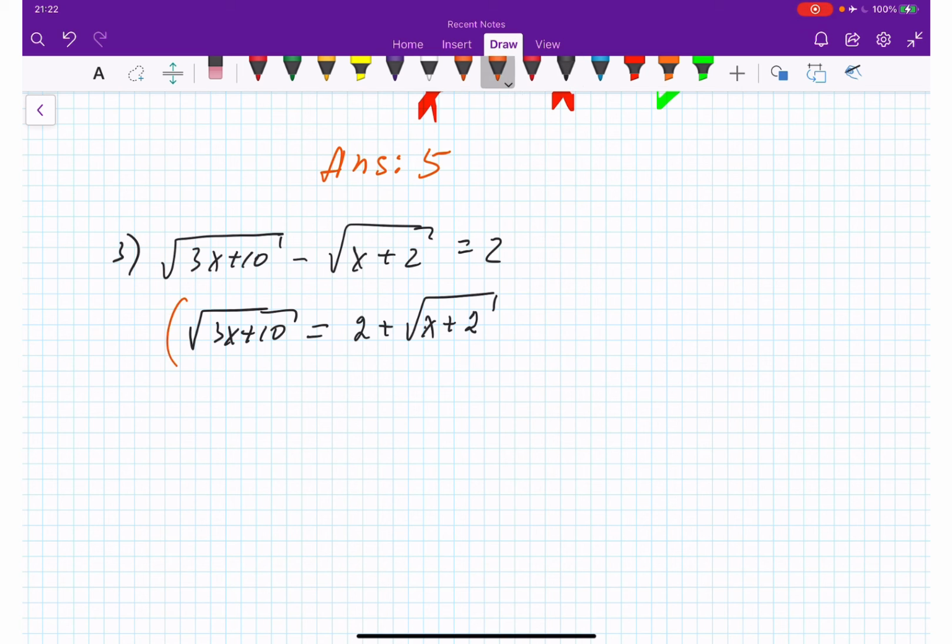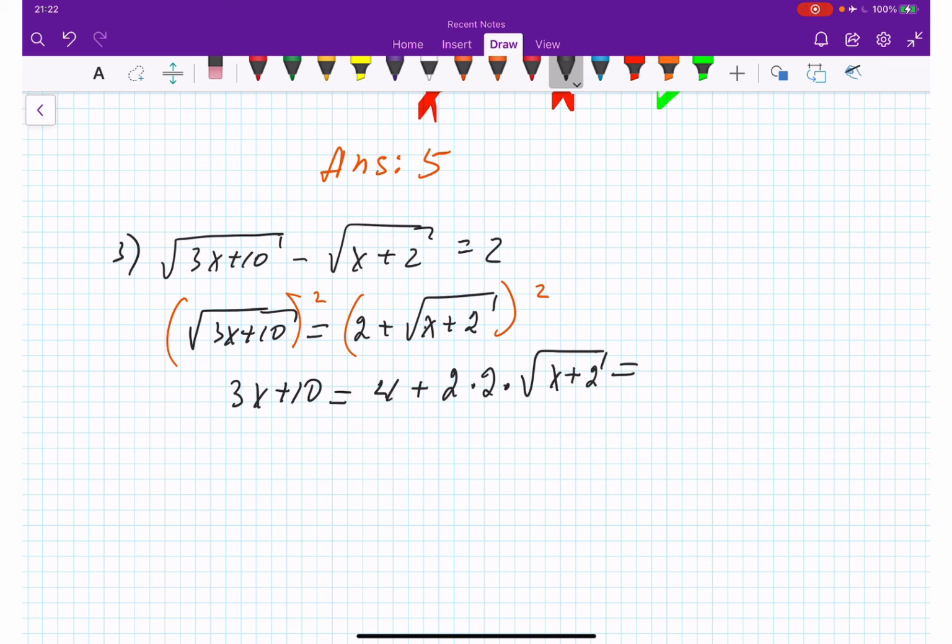Now let's square it, and we are going to get 3x plus 10 is equal to, so we have here a perfect square. 2 squared is 4, plus 2 times a, which is 2, times b, which is square root x plus 2, and plus b squared, which is going to be simply x plus 2.